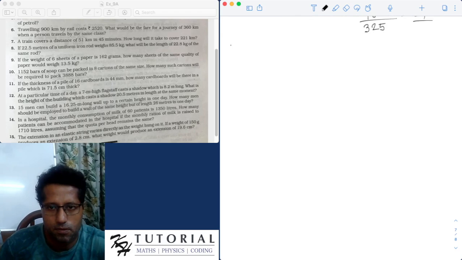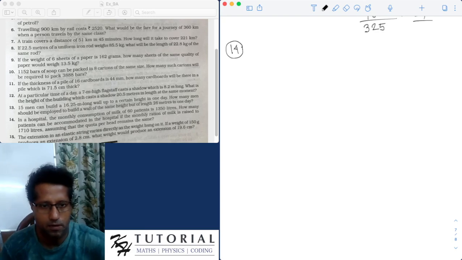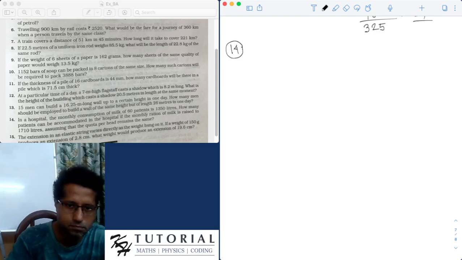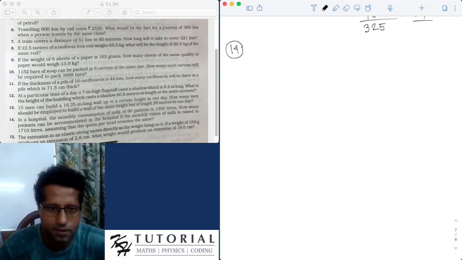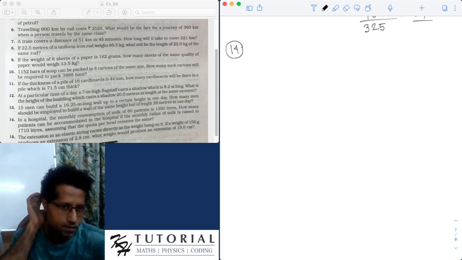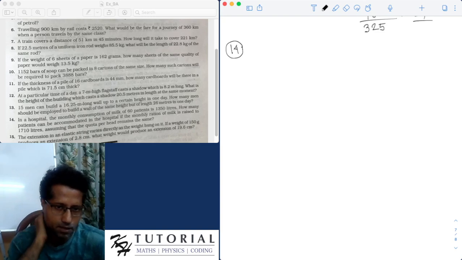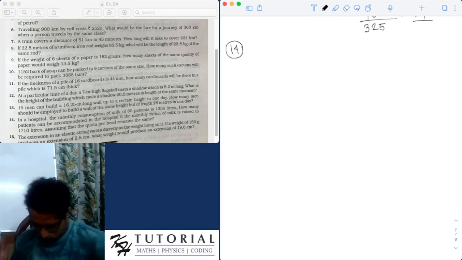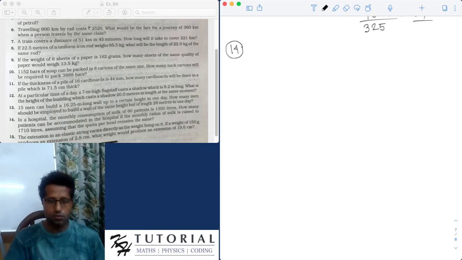Let's do question number 14. In a hospital, the monthly consumption of milk of 60 patients is 1350 liters. I mean the total amount of milk in 1 month consumed by 60 patients is 1350 liters.